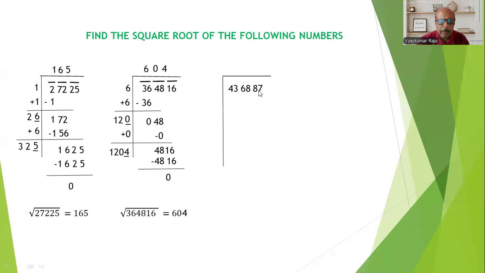4,36,887. Again, one pair, second pair, third pair. 6 6s are 36. Subtract. 7. Add 6. 12. Bring next 68. Now 6. 126 into 6 will be 756. Subtract it. 12.